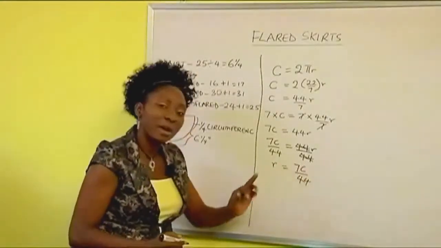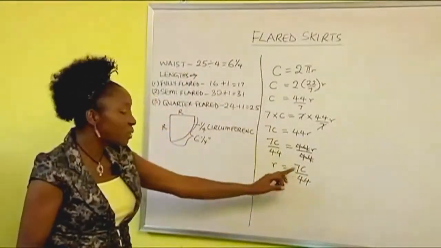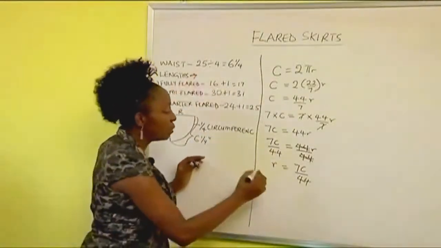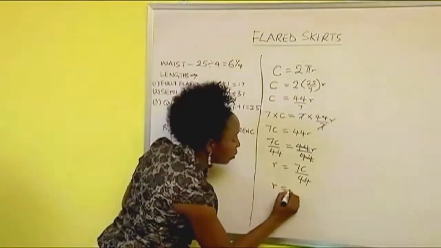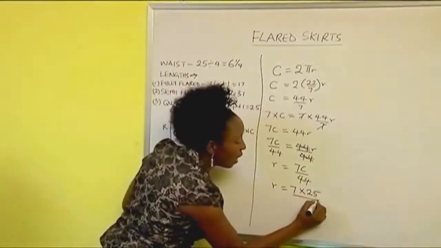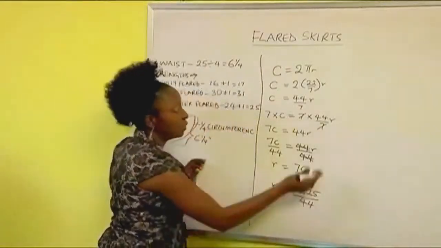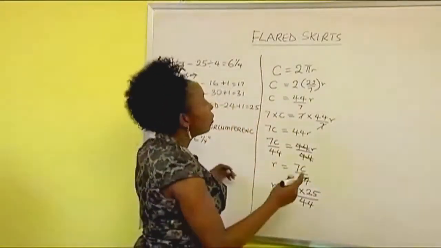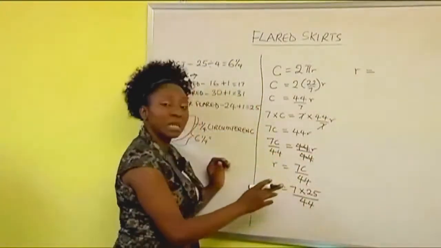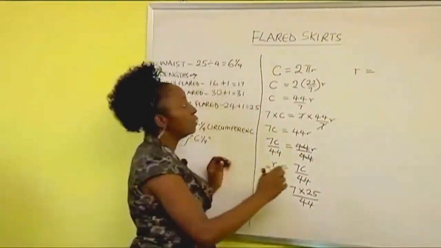Now once we've done this, we already know that this is r. So now I know my C. All I have to do is substitute C with my measurement, which is 25 inches. So that will give me r equals 7 times 25 divided by 44. If we calculate 7 times 25, you get 175.